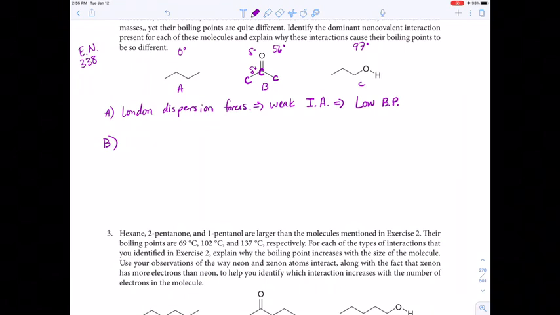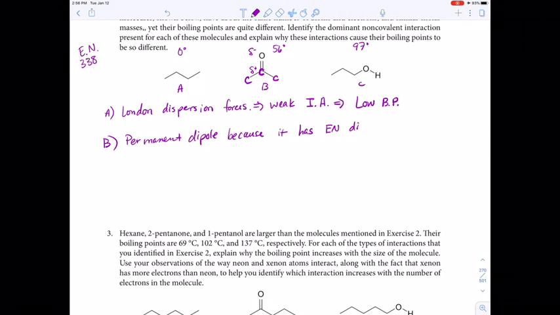Okay, so acetone, B, has a permanent dipole, because it has electronegativity differences between the O and the carbon, oxygen and the carbon.